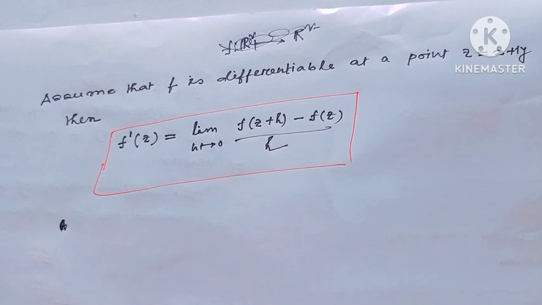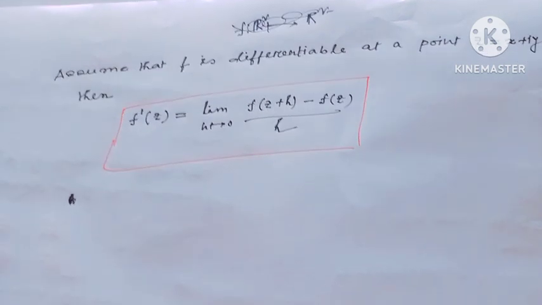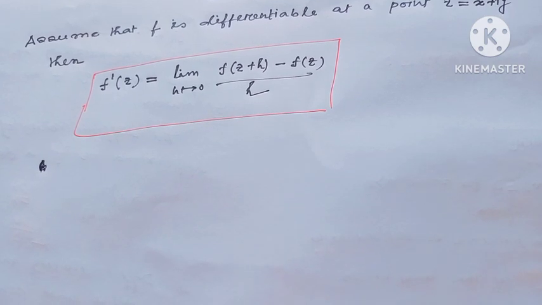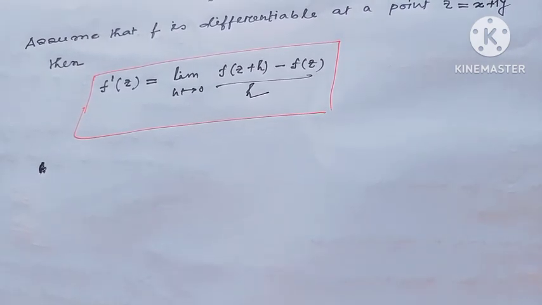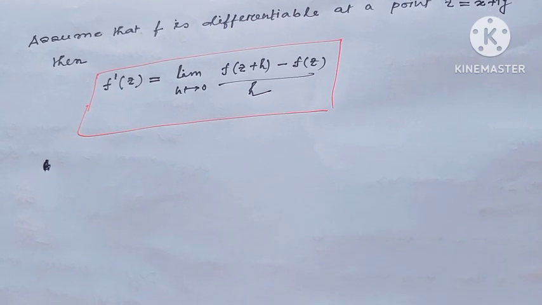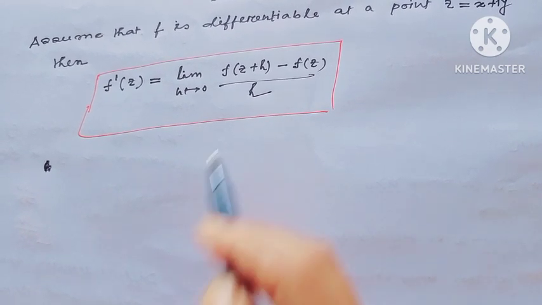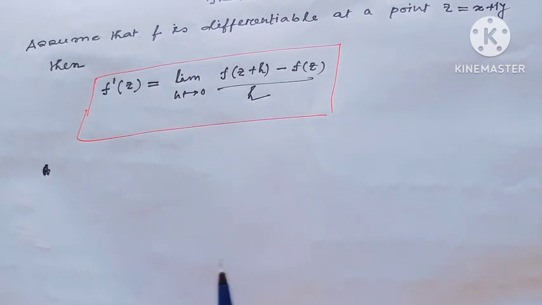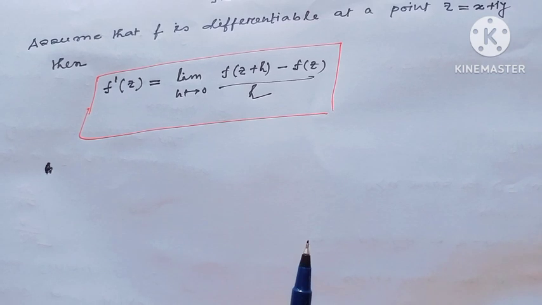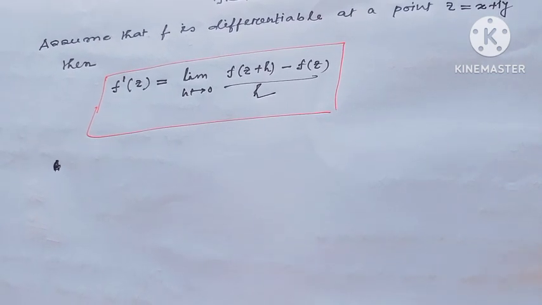Now all of us know differentiability at a point z equal to x plus iy means f prime z equals limit h tends to 0 of (f of z plus h minus f of z) over h. Here h goes to 0 through different ways: it can be purely imaginary or purely real.